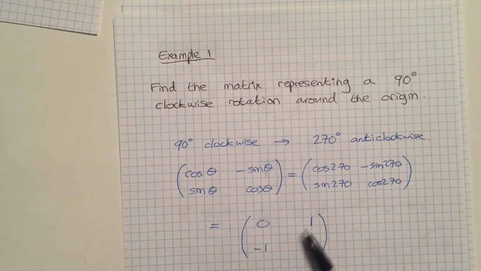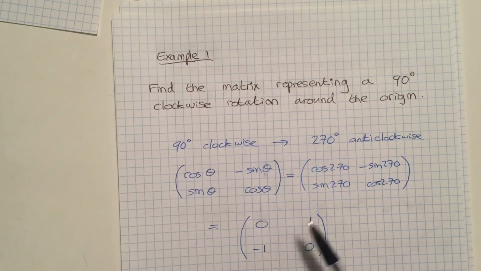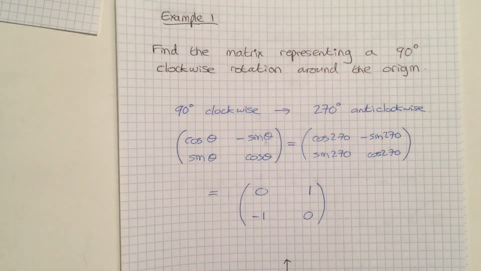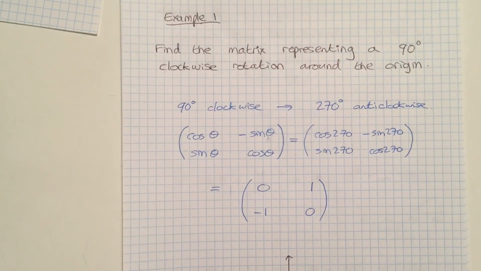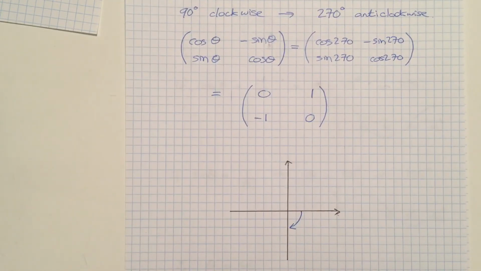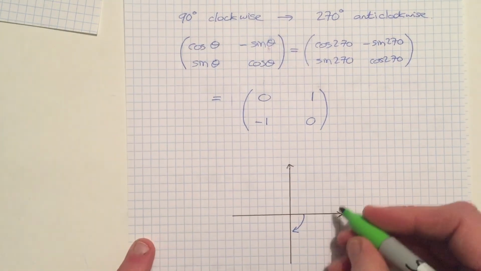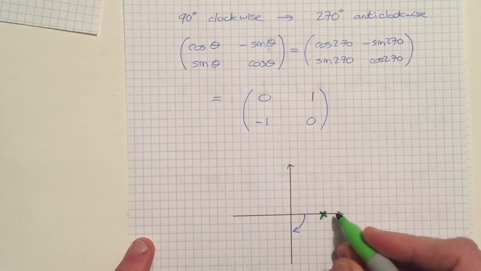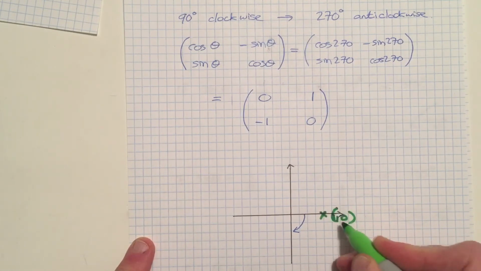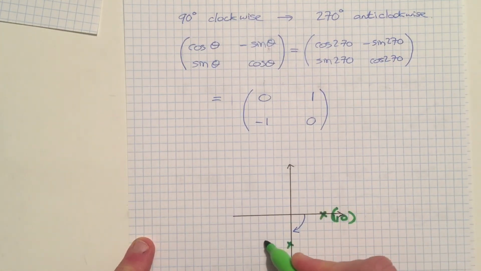So this is the matrix that represents a 90-degree clockwise rotation about the origin, which should hopefully make sense, because if I rotate 90 degrees around the origin in a clockwise direction, then the point that was here at 1, 0 now rotates to be down here at 0, -1.